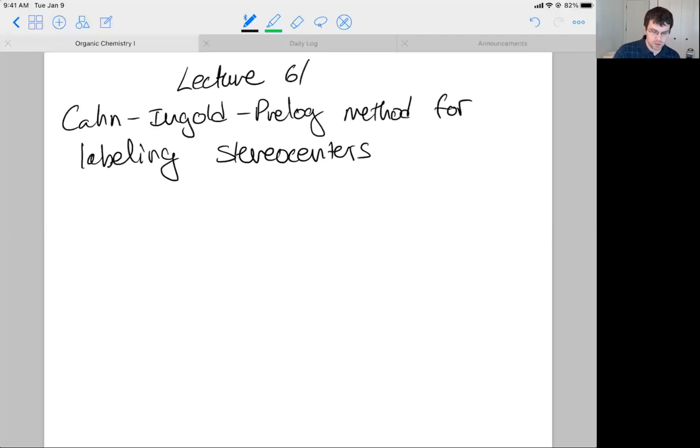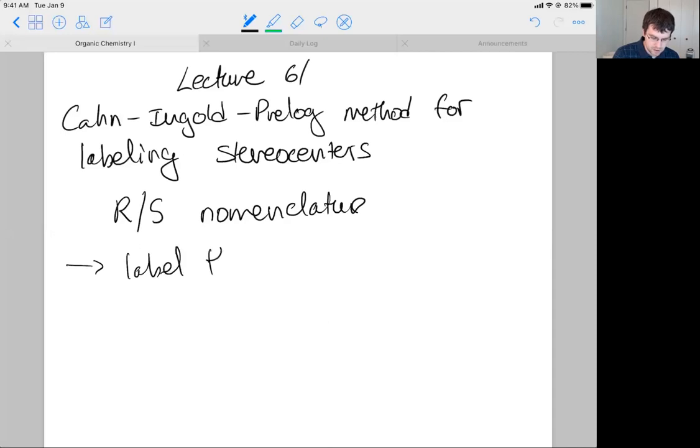And this is also called the R/S nomenclature. Okay, so what we want to do is be able to label the stereochemistry of a molecule from the molecule's structure.